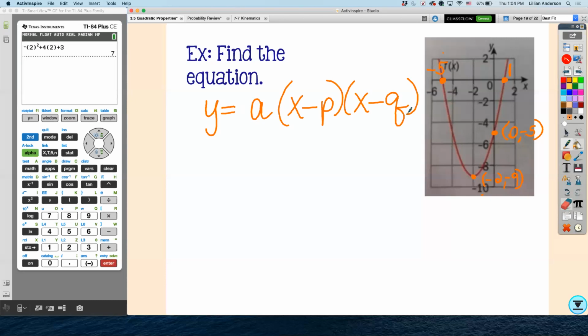And p and q represent your what? Be more specific. Thank you. So that means I'm going to plug them in for p and q. Doesn't matter which one goes in for p, doesn't matter which one goes in for q, as long as they both go in. So that's going to be x plus 5, because a negative 5 and a minus make a positive, and then x minus 1.